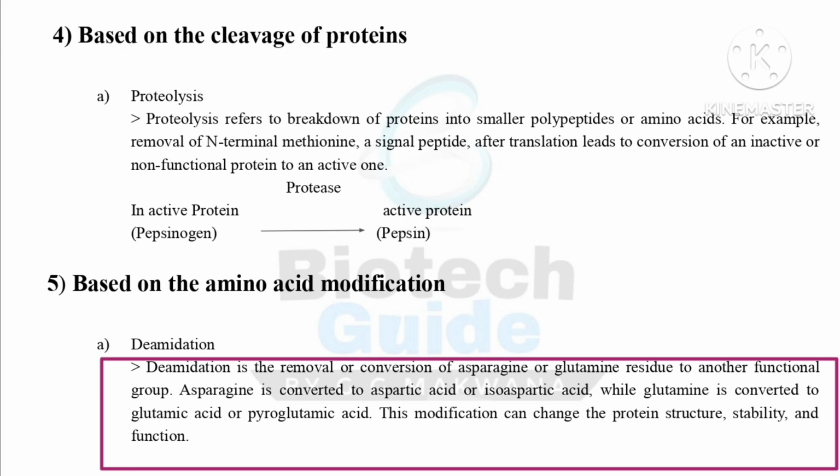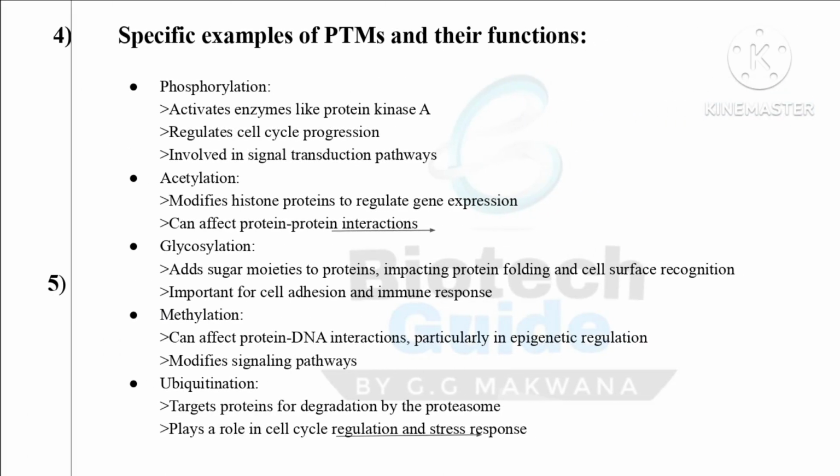Asparagine is converted to aspartic acid or isoaspartic acid, while glutamine is converted into glutamic acid or pyroglutamic acid. This modification can change the protein structure, stability and function. So these are the applications. Here we completed the types of post-translational modification.